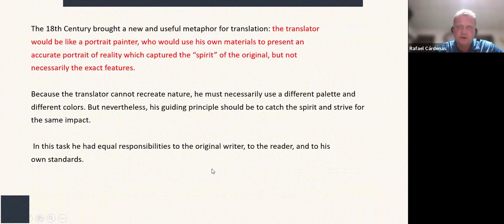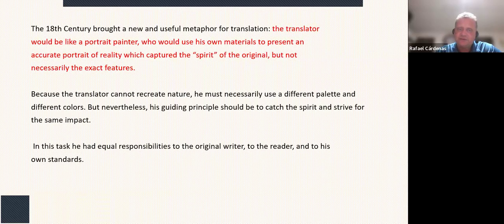Okay, so here's another idea that I think it deserves our attention. The 18th century brought a new and useful metaphor for translation. The translator would be a portrait painter who uses his materials to present an accurate portrait of reality, which would capture the spirit of the original, but then necessarily not the features in detail or exact features.